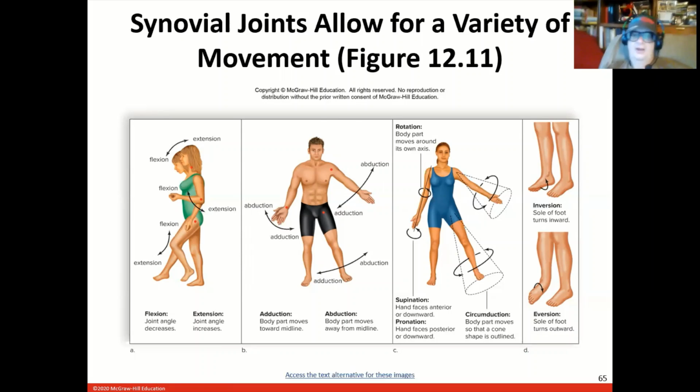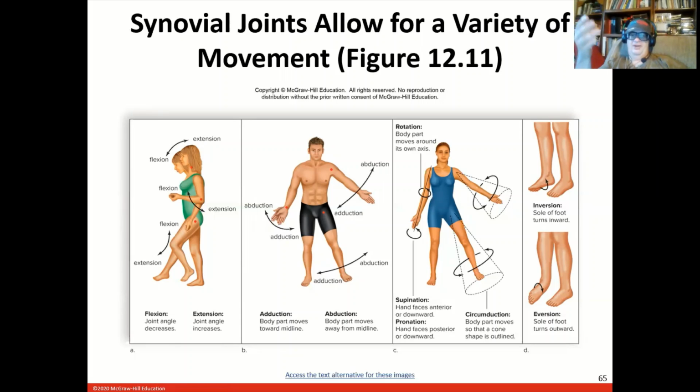Inversion is the ability to turn the foot in towards the midline, or eversion would be the ability to turn it out. So if the bottom of your foot comes towards the midline, that's inversion. I said palm, but I mean the plantar surface.